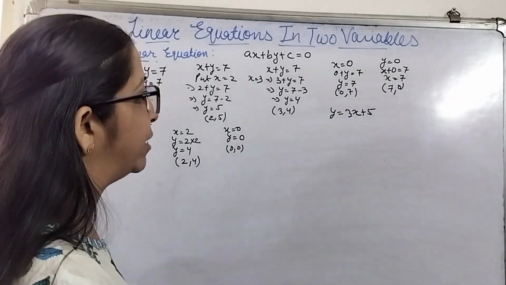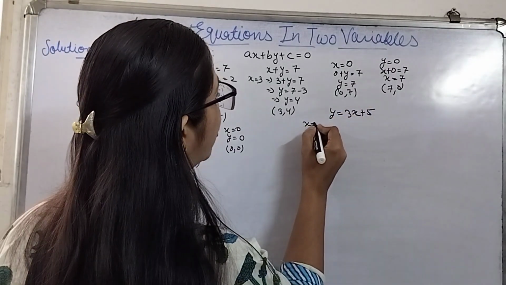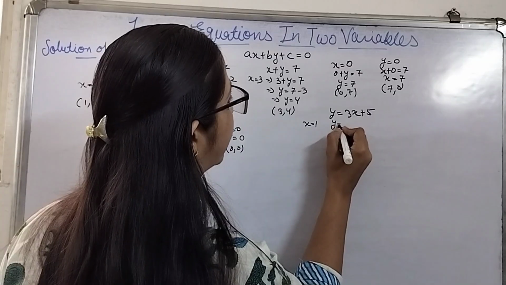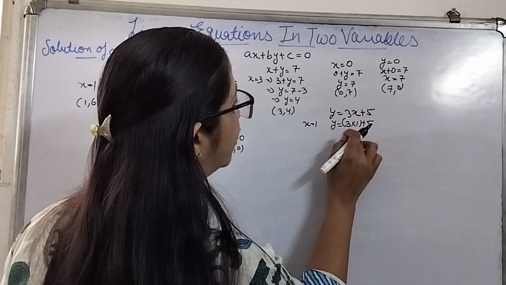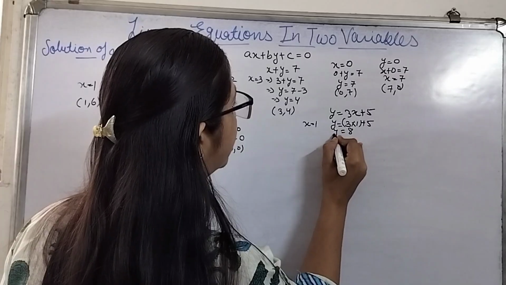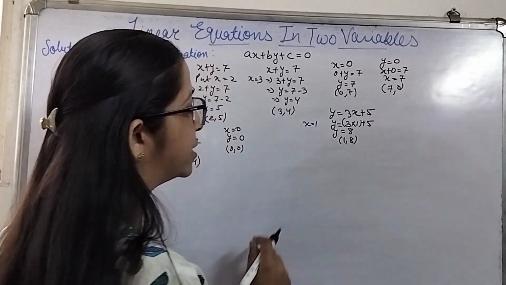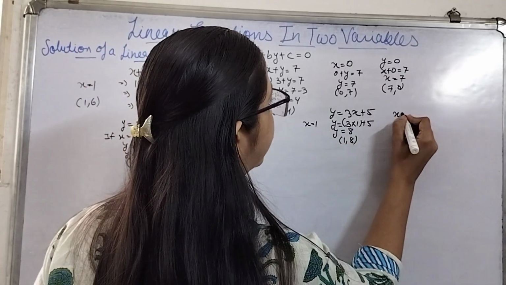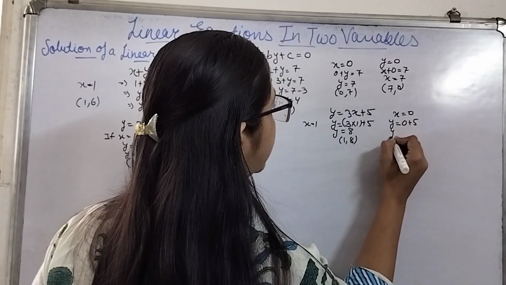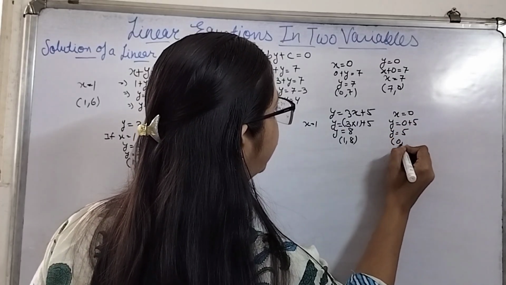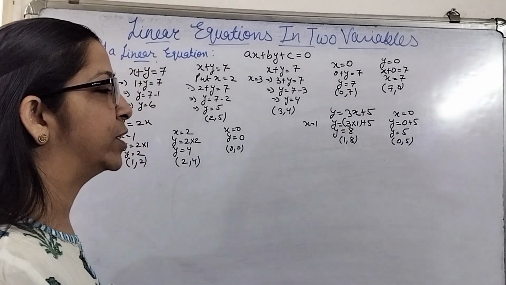We can also solve it by keeping x equal to 1. The equation becomes y equal to 3 multiplied by 1 plus 5, and 3 plus 5 is 8. So (1, 8) will be a solution. If I keep x equal to 0, the value of y will be 0 plus 5, that is 5. That means (0, 5) will be one of the solutions.